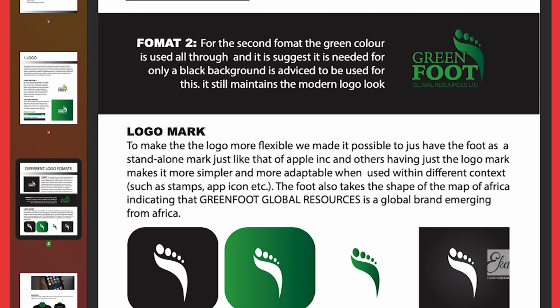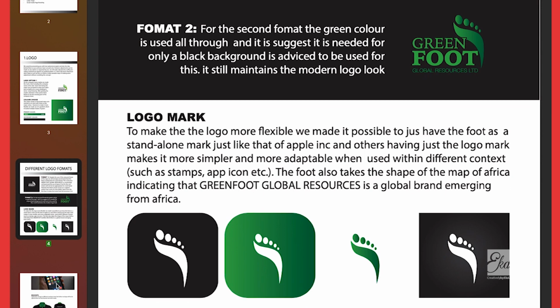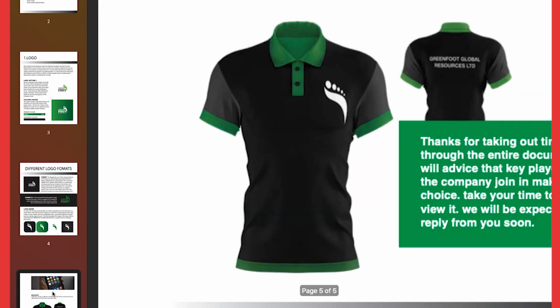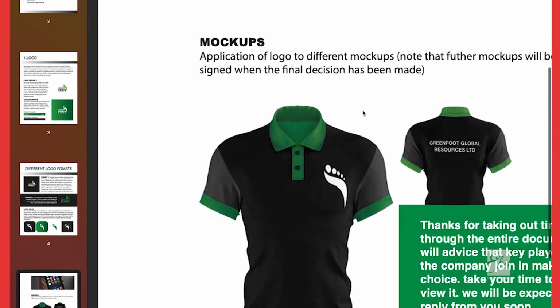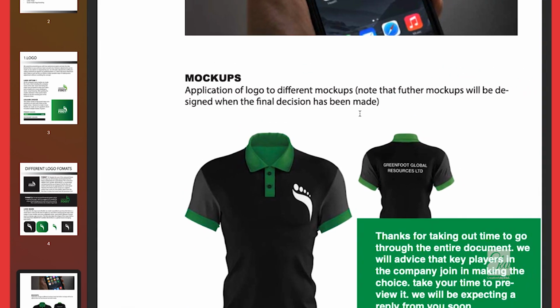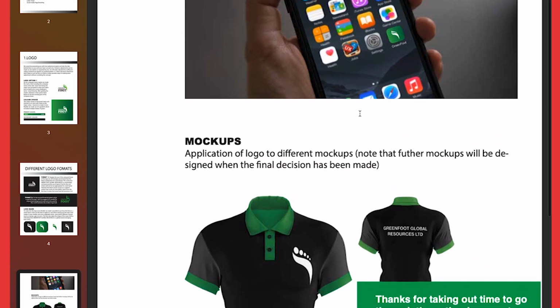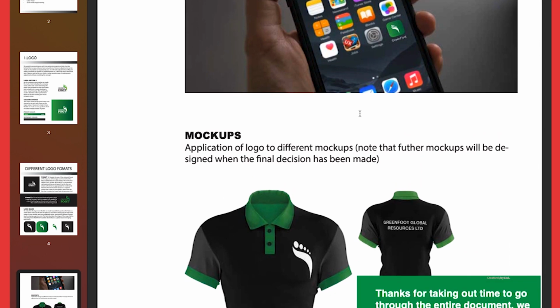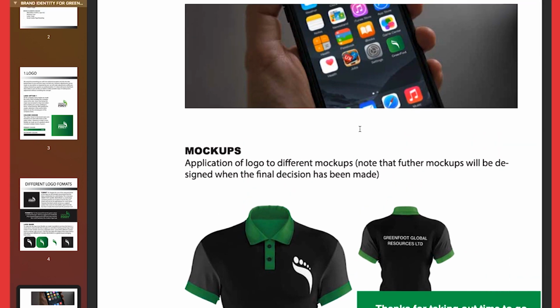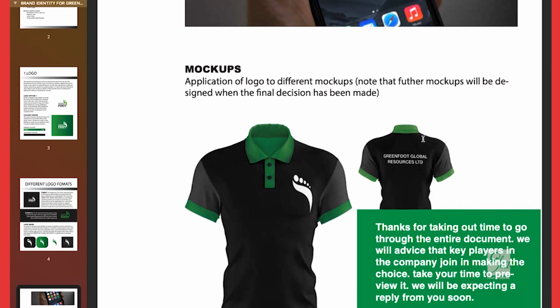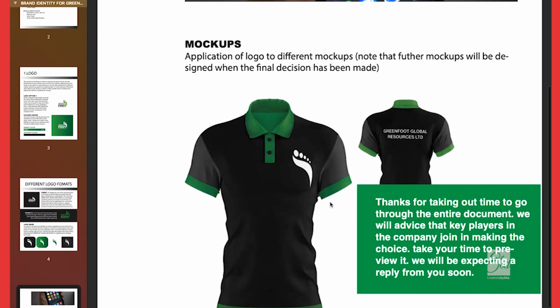And the last slide you likely provide is to display your mock-ups. I don't have too many mock-ups here, but I sent some mock-ups to them later on. I strongly recommend you put a lot of mock-ups in your work. If you can see this section, we have a mobile here with the app icon, and here we have a t-shirt with the mark at the side and the combination of colors.